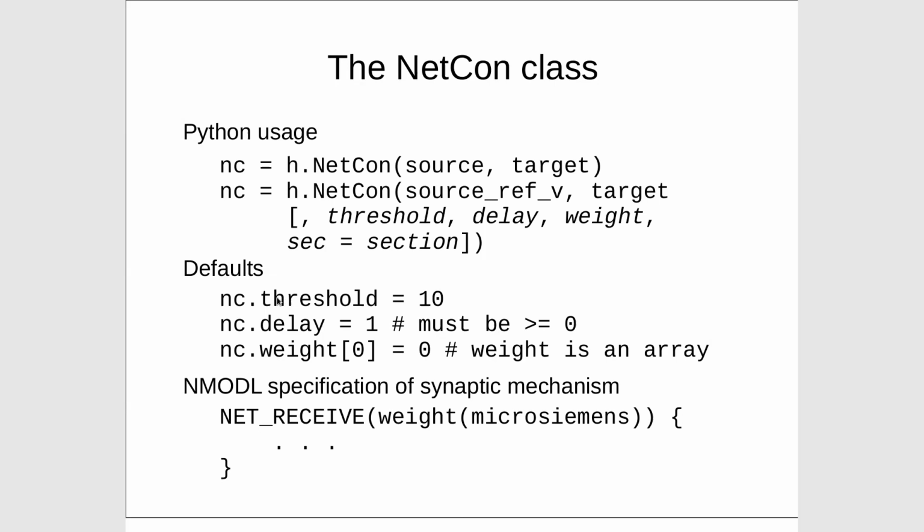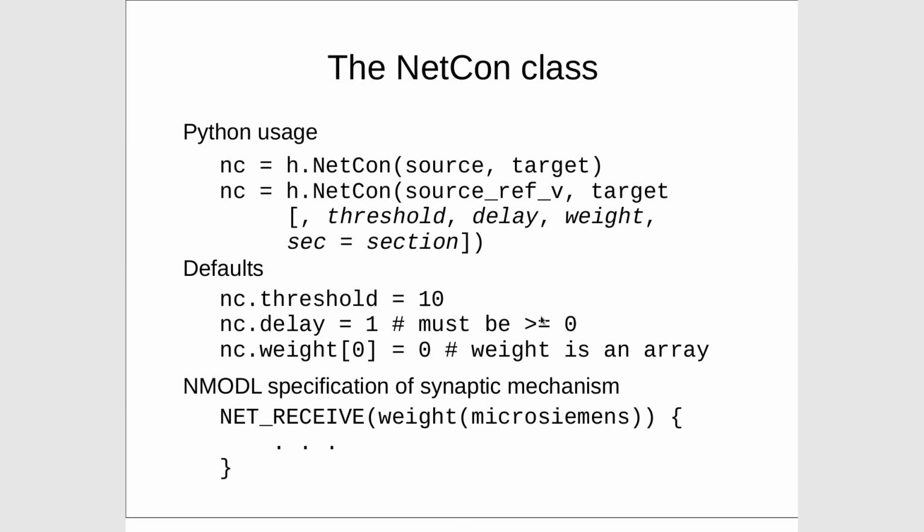And that is the value of the presynaptic variable that we're watching, that when that presynaptic variable crosses that threshold in a positive going direction, that triggers an event. Okay? So this is actually a fairly strict criterion for a presynaptic spike. We're looking for a positive going threshold crossing that goes above 10 millivolts.